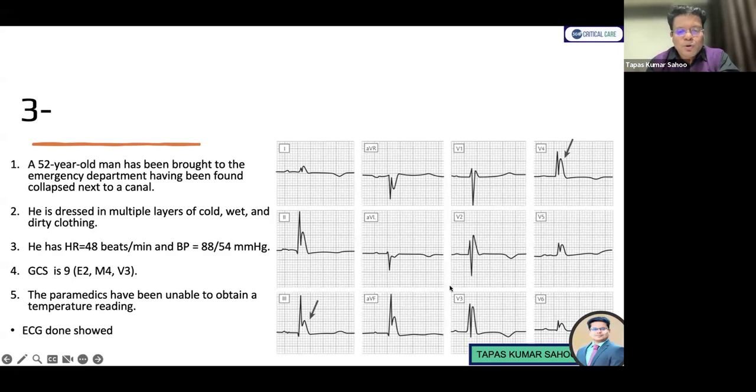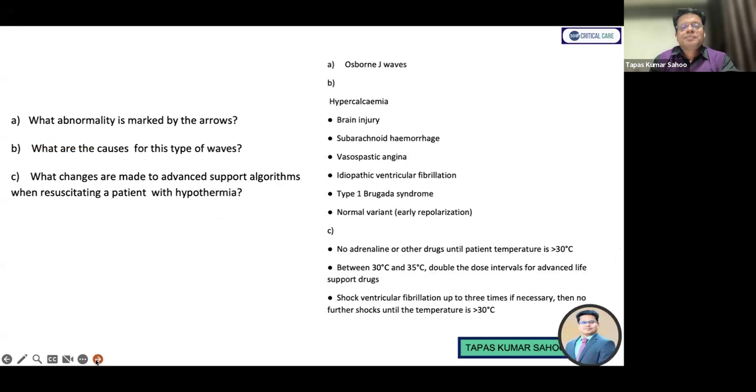So if I don't know what I have to find out in this ECG, they have mentioned cold, then canal, unable to obtain the temperature reading. So they have given you enough clues. If somebody finds that this patient is in hypothermia, definitely the answer would be Osborne J wave. And that's the reason why they have given you the clue.